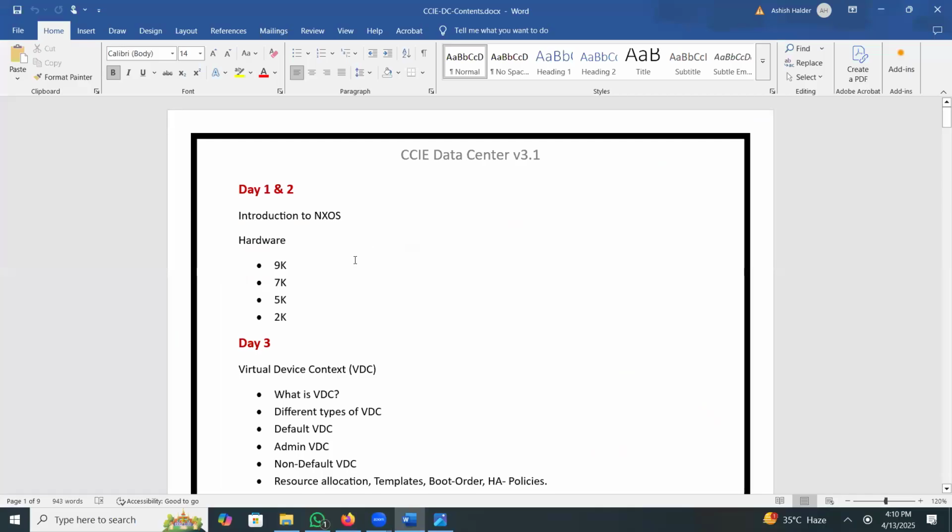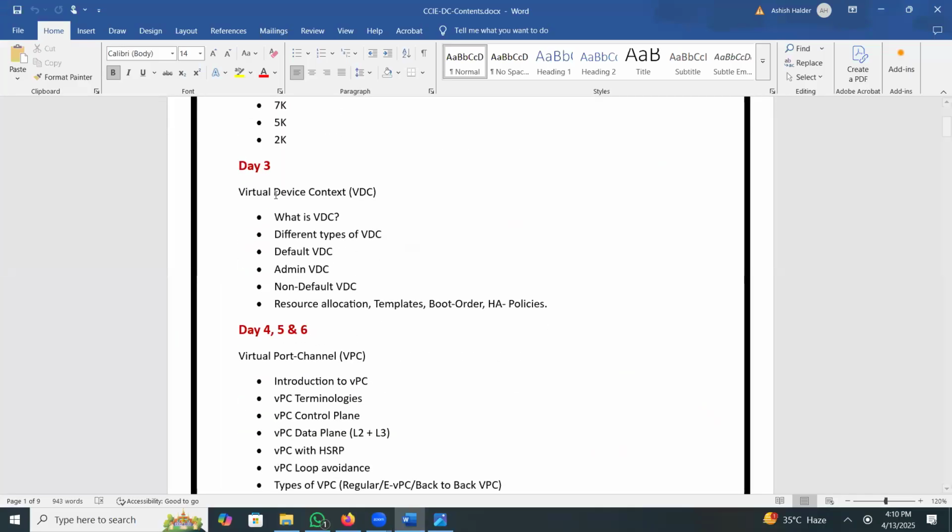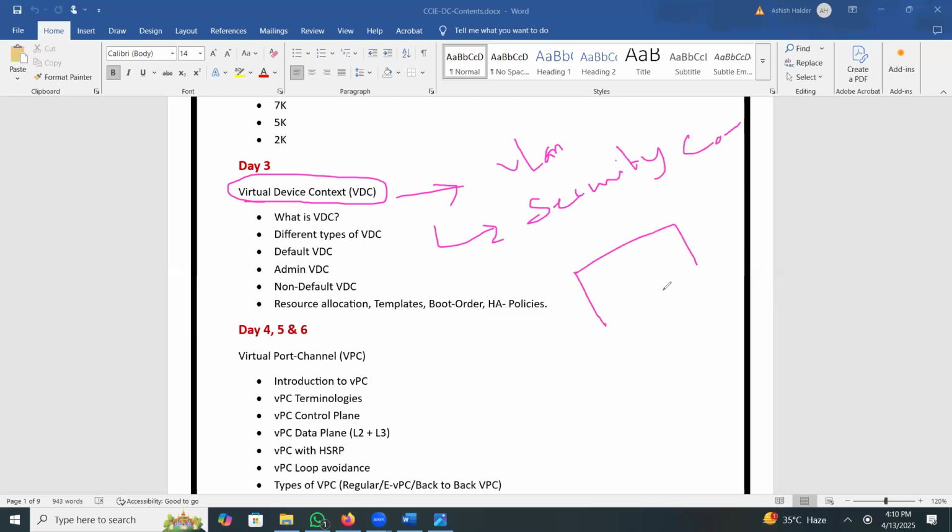Then our next class will be day 3, and on day 3, I will discuss VDC, virtual device context. This is similar to VLAN, or similar to the security context on a Cisco ASA firewall. Suppose this is the Nexus device, a single physical device.